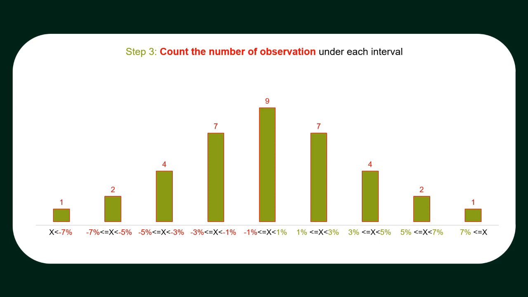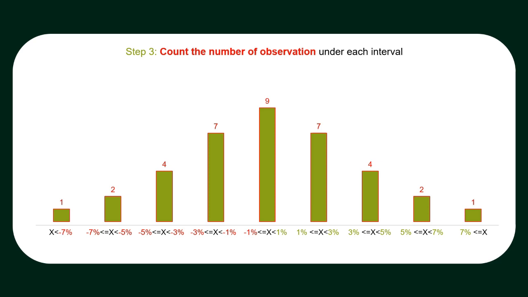These counts suggest that of the 37 observations, 9 observations are between negative 1% to positive 1%, 7 observations are between positive 1% to positive 3%, 4 observations are between positive 3% to positive 5%, and so on.